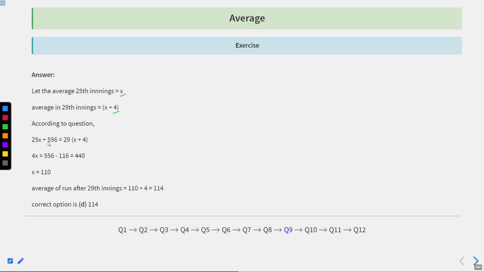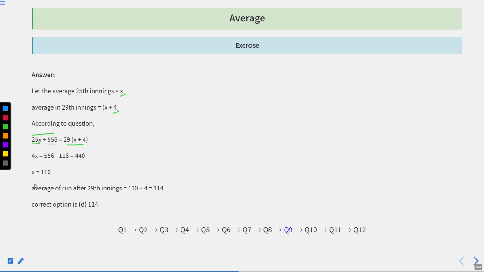So according to the question, it will be 25x plus 556, because 25x is the total runs scored by him up to 25th match, and 556 is his new total score in the 4 innings that we are talking about, 26, 27, 28, 29. So this whole thing on the left hand side represents his total scores till 29th inning. And on the right side also, 29 into x plus 4 represents his score till 29th inning.